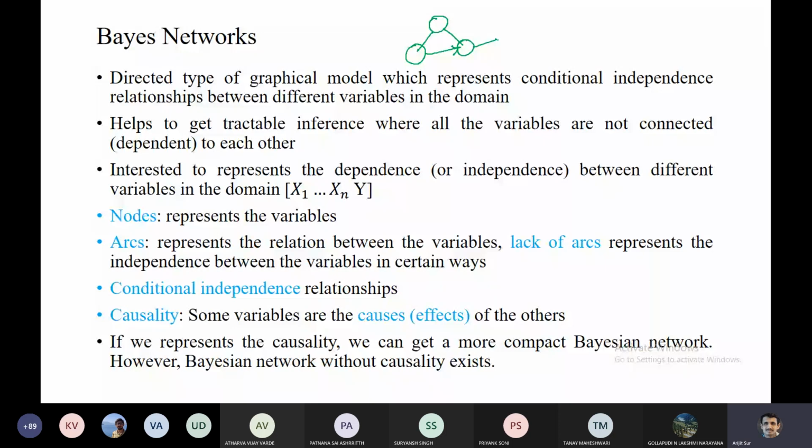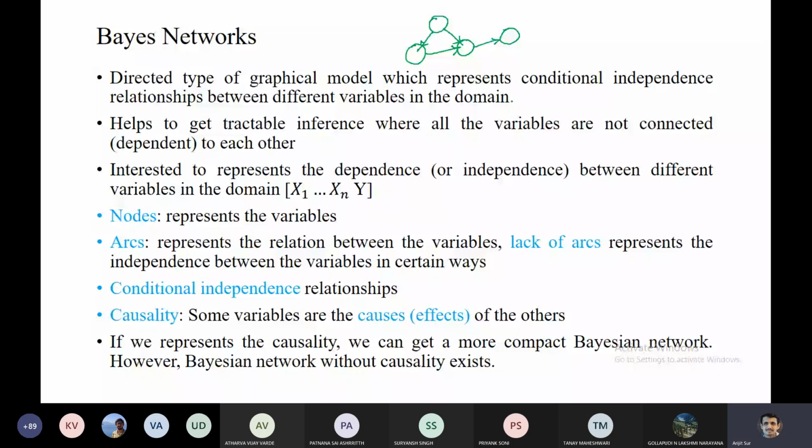So this may be a graph, and you can see this is a directed graph, which represents the conditional independence relationship between the different variables that we'll see.